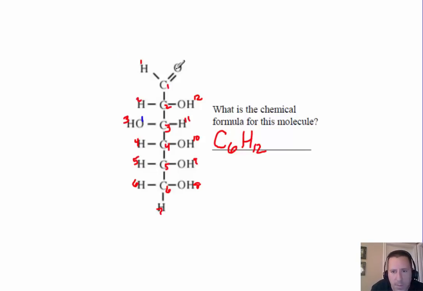We have 1, 2, 3, 4, 5, 6. So we have 6 oxygen. So the chemical formula would be C6H12O6, which we know to be glucose. That's what's created during photosynthesis.